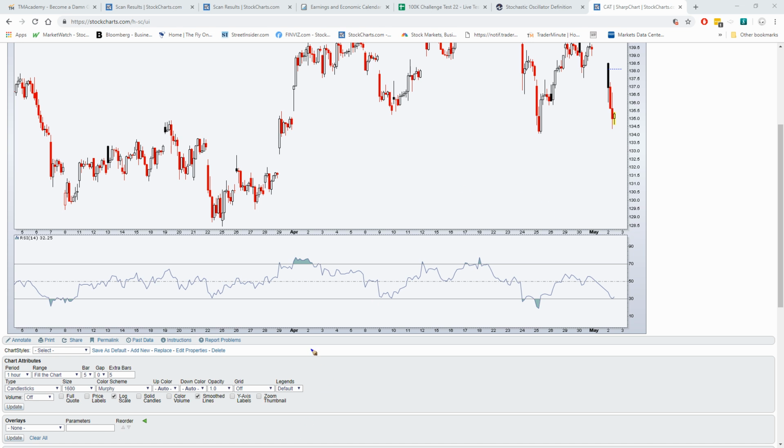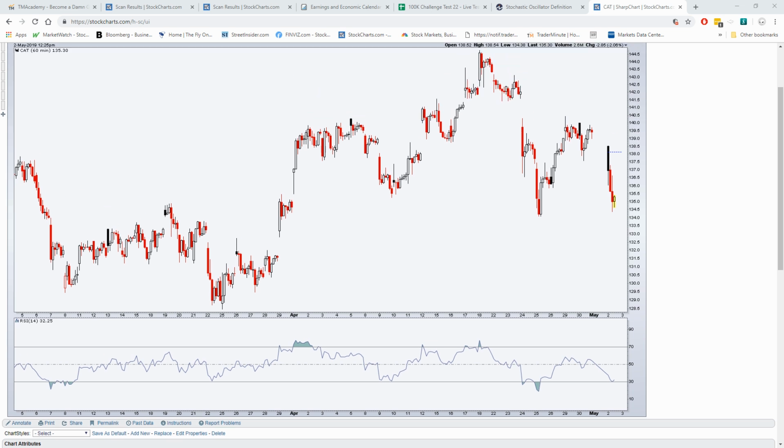Now, here's Caterpillar. We don't have any real failure swings associated right here in the upside of the RSI. Brief, barely one right here. So technically one right here on the 18th. Right, where we have a failure swing. Let me just scroll up to see the price action.